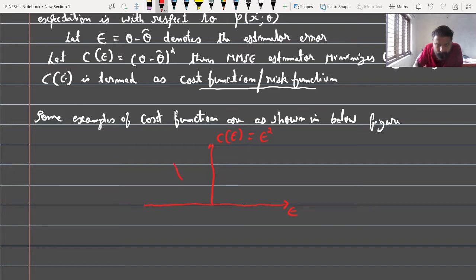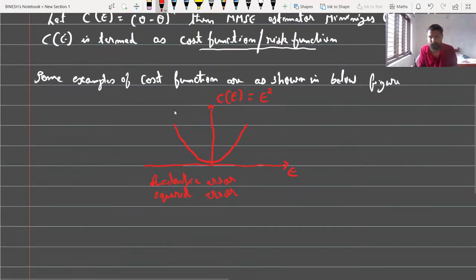Draw it smoothly; mine is not so smooth. So this is the cost function. I will call this figure quadratic error, or squared error.